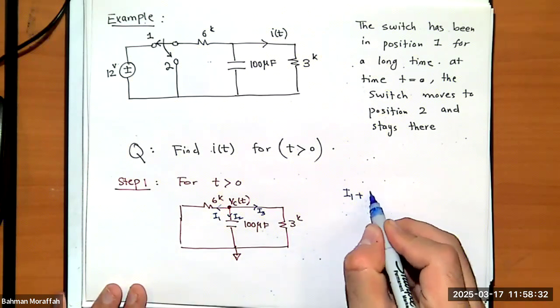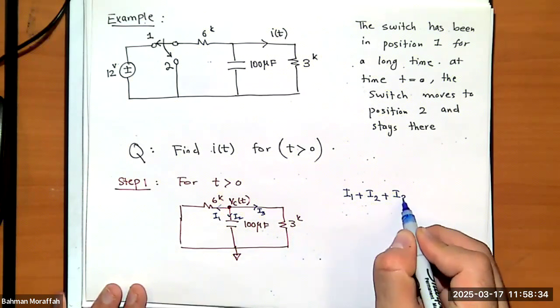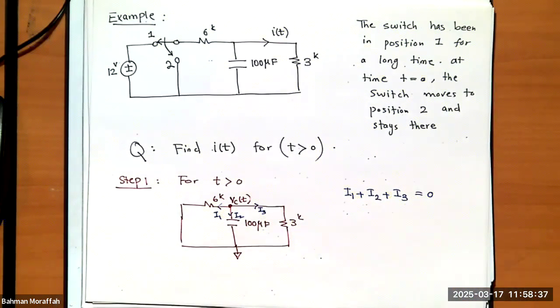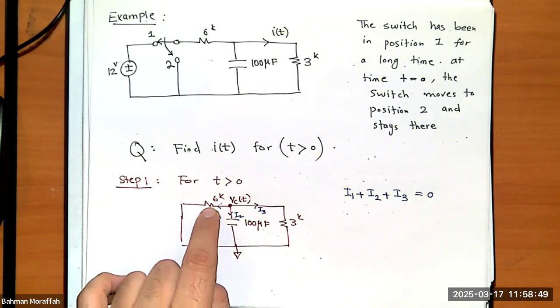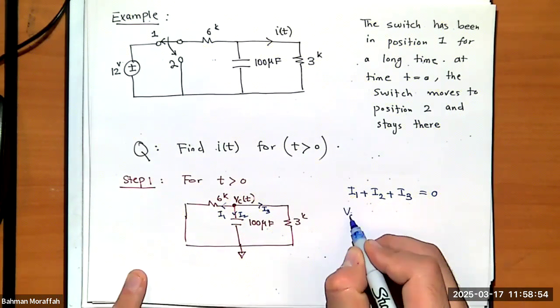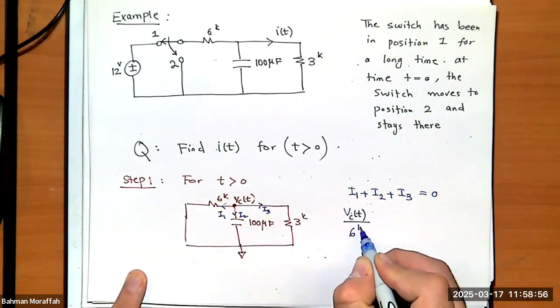I have I1 plus I2 plus I3 equals 0. What is I1? I1 is Vc of t divided by 6K.